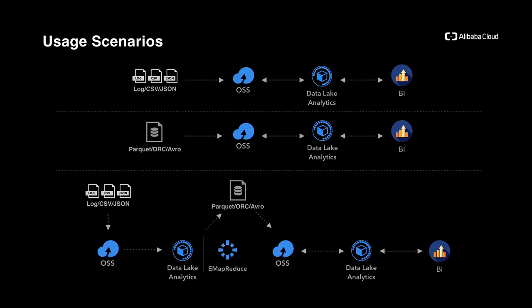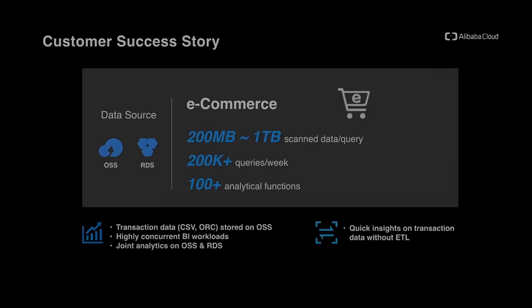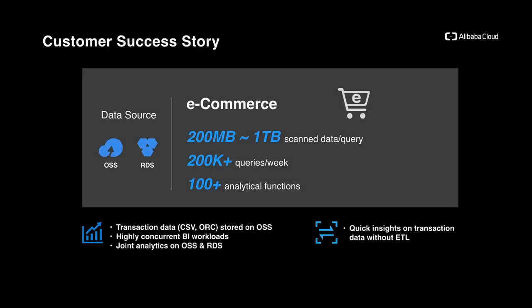They upload the raw data, the logs, CSVs, and JSONs, into OSS, and they leverage either DLA or MapReduce to do the format conversion into the performance optimized data format, and then store that data again on OSS. After that, they run DLA on top of OSS and connect again to the BI product to get real-time insights.